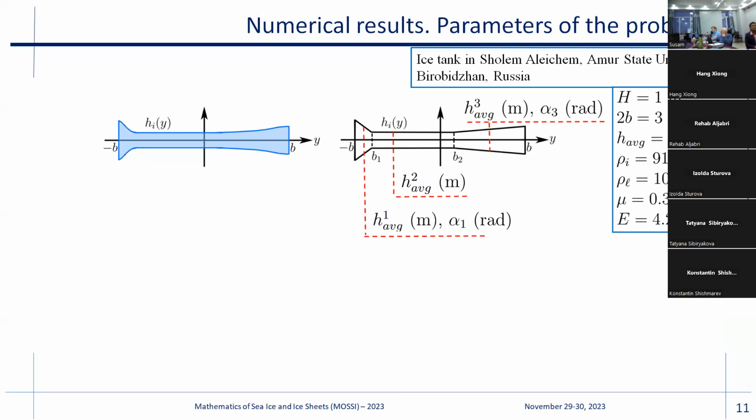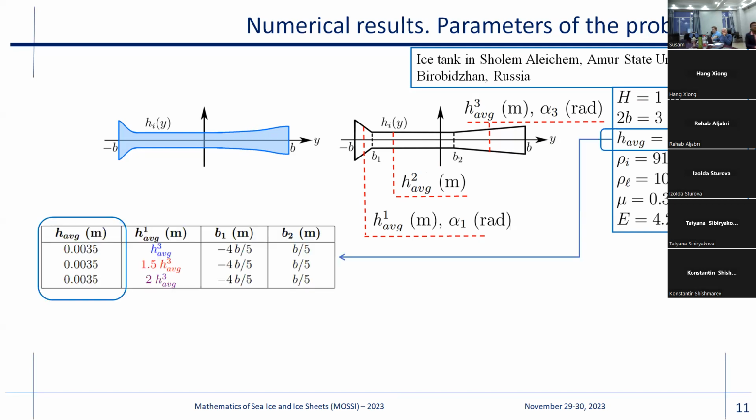The main parameters are the average thickness of ice on each segment and the angle of inclination on linear segments. In this case, there will be 3 average thicknesses and 2 angles of inclination. We keep the total average thickness of the ice in the channel equal to the declared thickness in the ice tank.